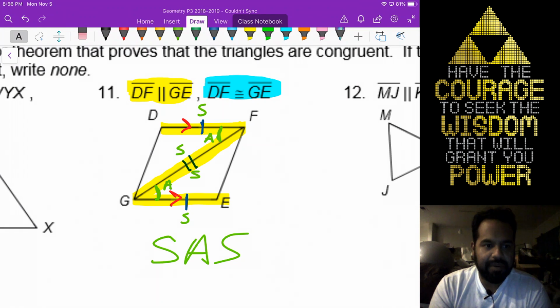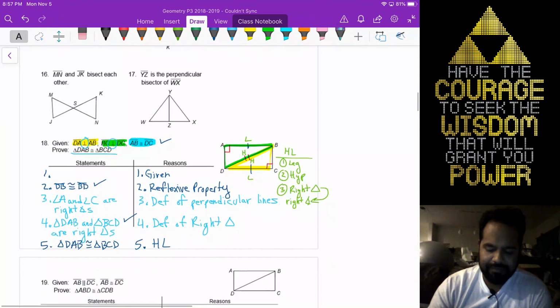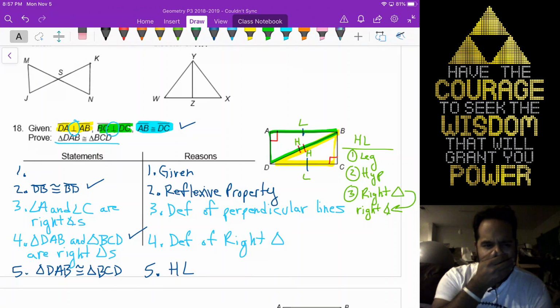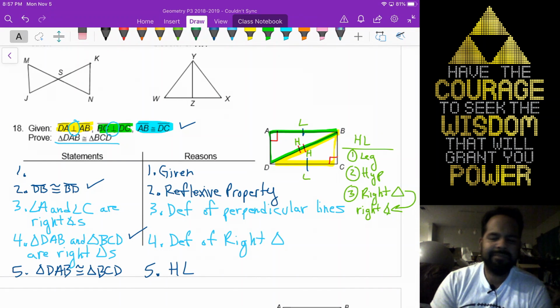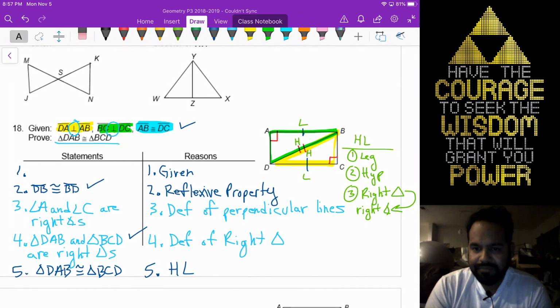You know, it's funny because Parker, can you do a proof? I literally just did a proof, and he is fine. Why don't you pick a number, Dante? I already did number 18.